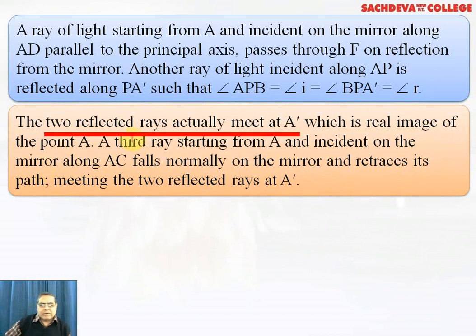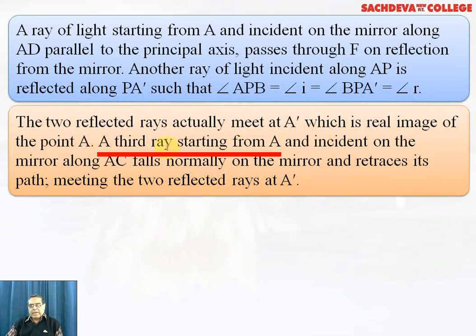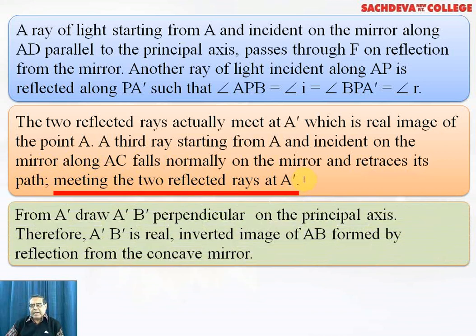The two reflected rays actually meet at A dash, which is the real image of the point A, and a third ray starting from A and incident on the mirror along AC falls normally on the mirror and retraces its path, meeting the two reflected rays at A dash.